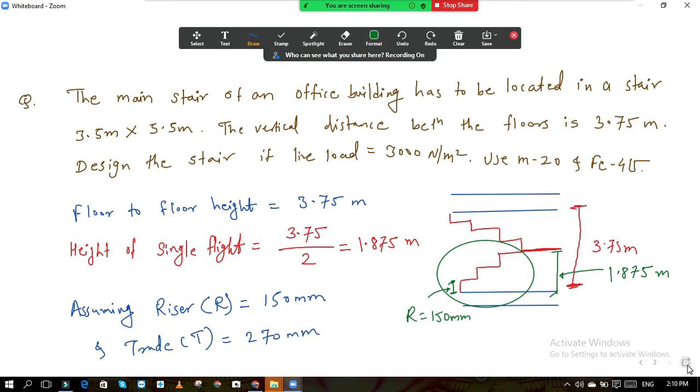Now how to calculate the number of steps? You can see over here. First, we need to calculate the number of risers, then the number of treads.